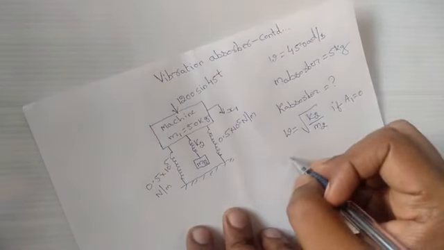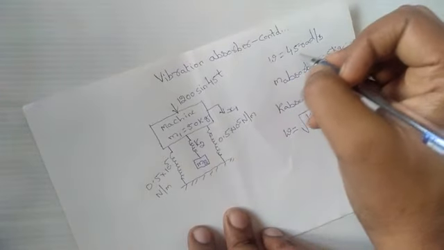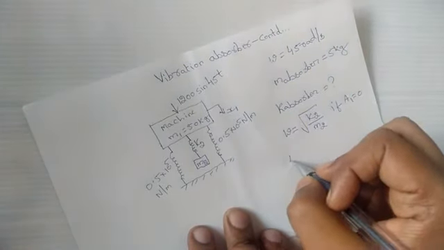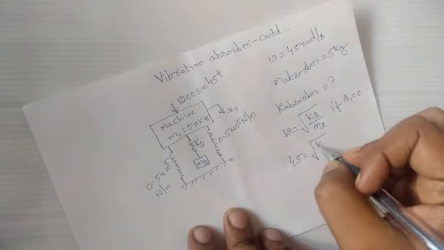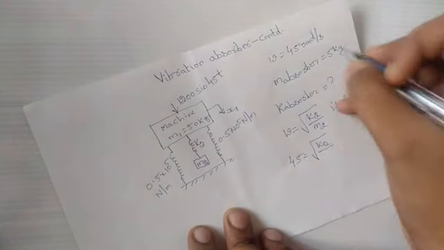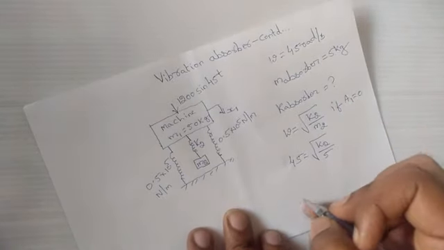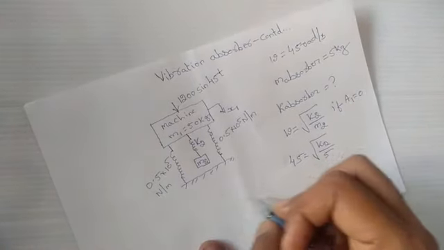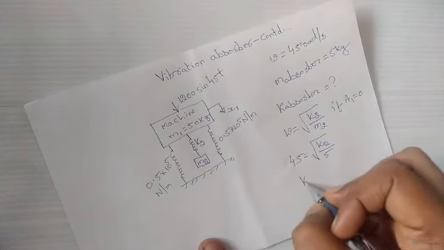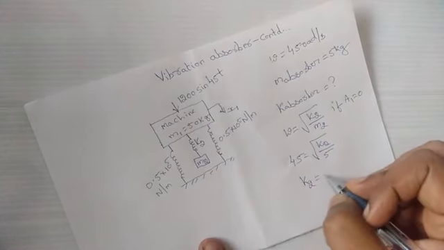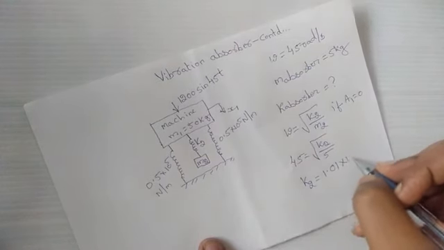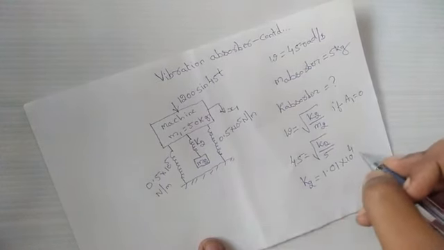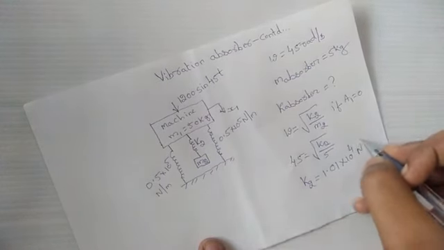Here omega is given as 45 radians per second. So 45 is equal to root of K2 divided by the mass of the absorber, which is 5 kg. So K2 will be equal to 1.01 into 10 to the power 4 Newton per meter.